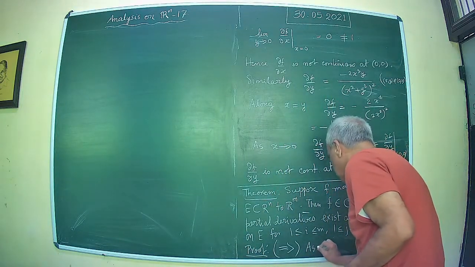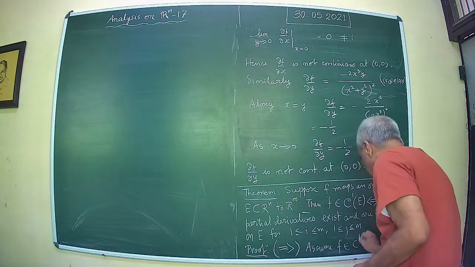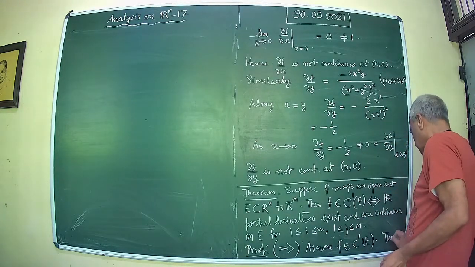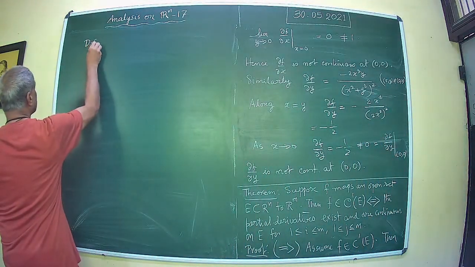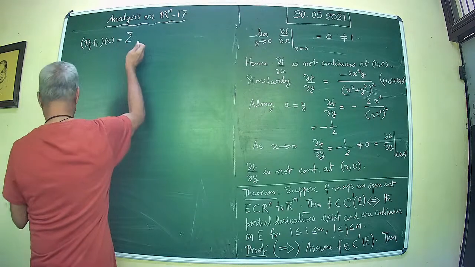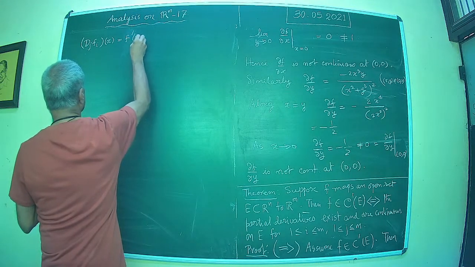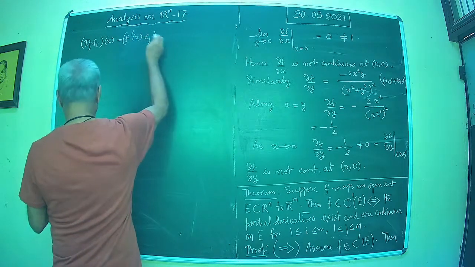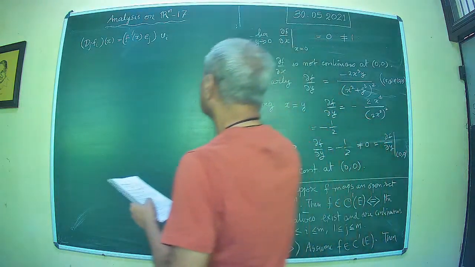Assume f is C1. Then we have the following: d_j f_i, this we have introduced the notation, this is equal to sigma connecting with the derivative dot u_i.